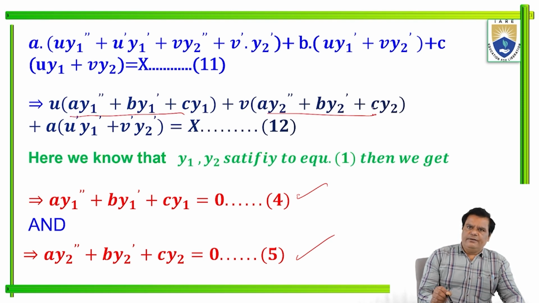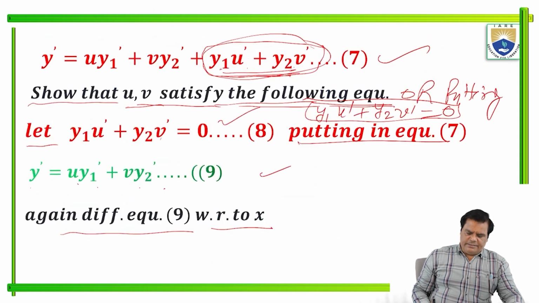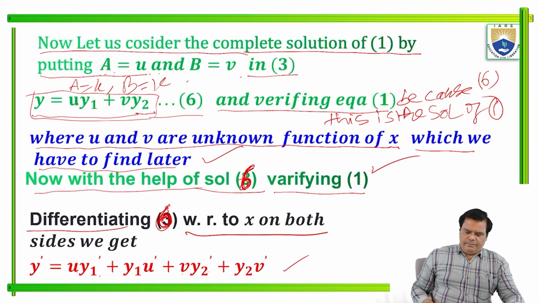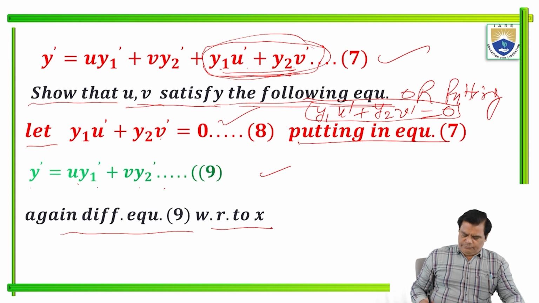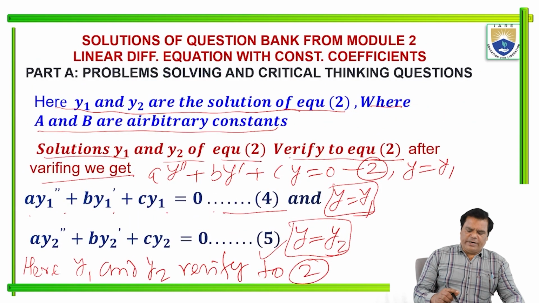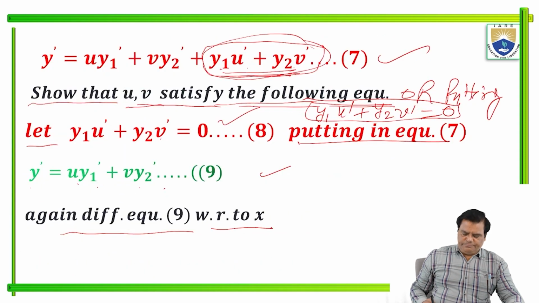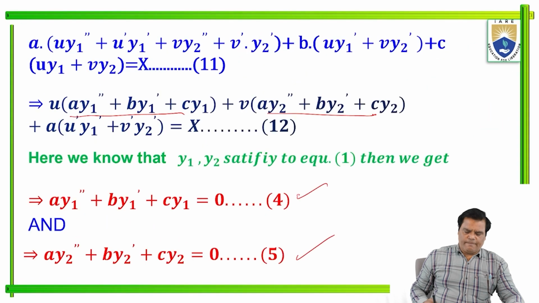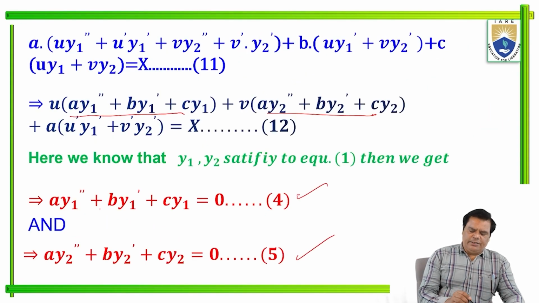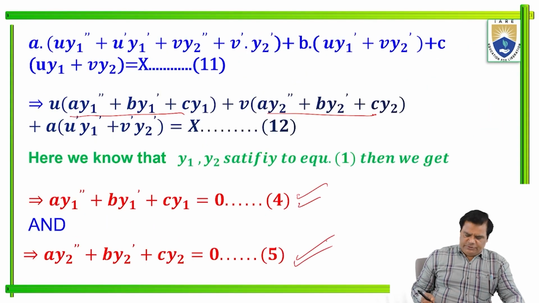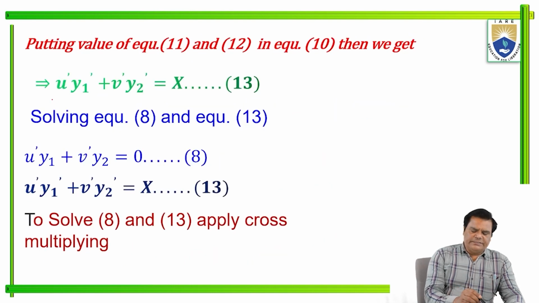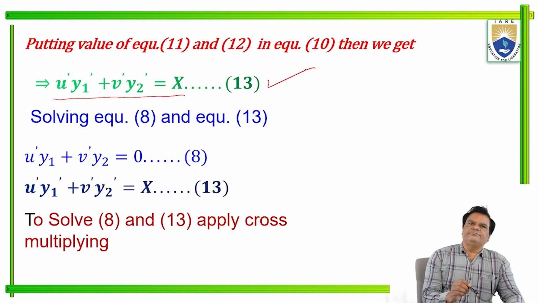By equations 4 and 5, we have this result is 0 and this result 0. So we get equation 4 is 0 and equation 5 is 0, and after putting, this result must be x.